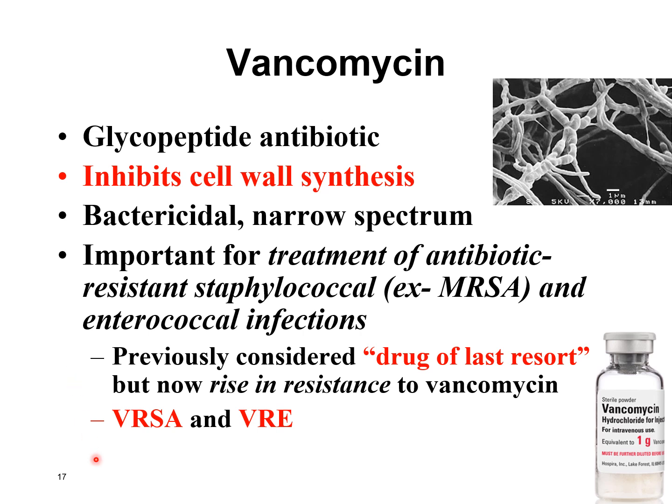So we do have VRSA, which is vancomycin resistant Staph aureus, and VRE, which is vancomycin resistant Enterococcus. Okay, so those are difficult to treat. So vancomycin doesn't get those anymore. How vancomycin got its name? It comes from a soil bacterium that they found in Borneo, and they named it vancomycin because it vanquished a lot of the resistant bacteria, and so that's how it got its name.